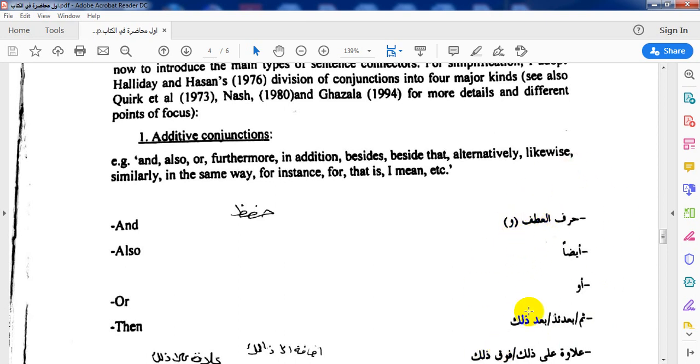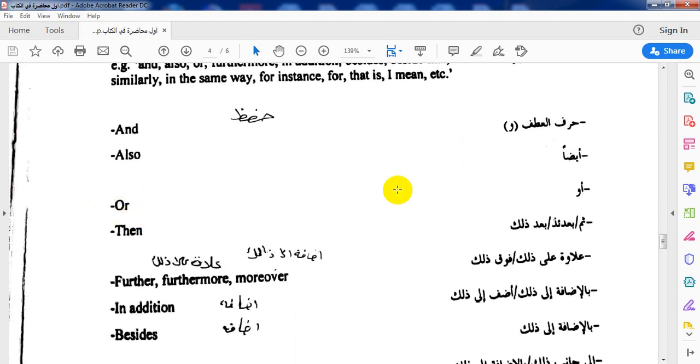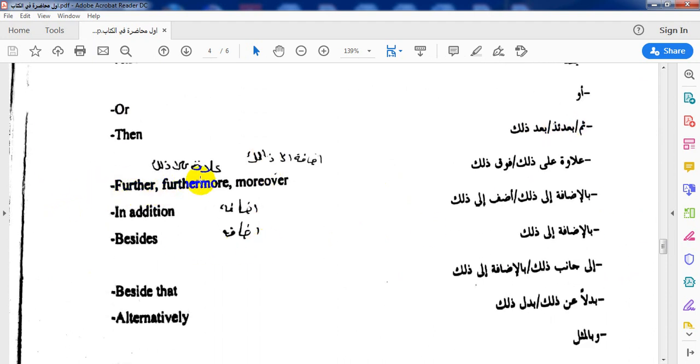The translations into Arabic. So as you can see here, we have and, also, or, then, furthermore, moreover. They have the same meaning. In addition, besides. You see, we have actually similarity in translation.